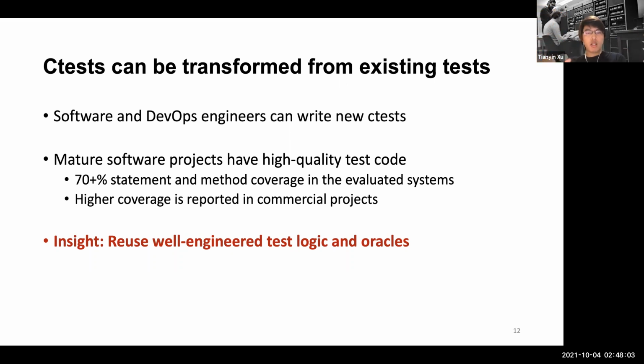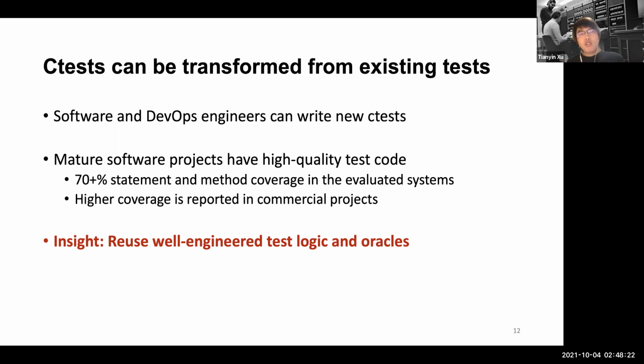So as long as there is a test which has generic test logic, which tests the code under different configurations and has some assertions to check invariants or other properties, then this test can be transformed into a C-test.